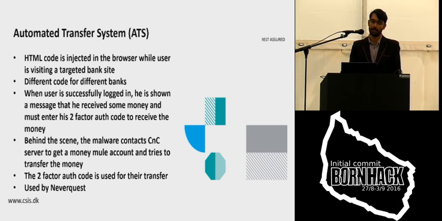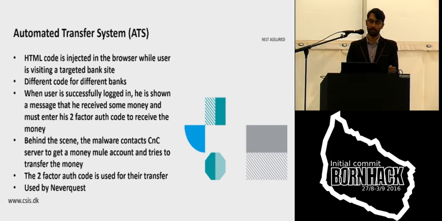So the way it works is that, as we have seen with the injects a while ago, when the user logs into the bank site, there's already code injected into it, and that code knows that the user is actually on, for example, the transfer page, or just past the logged in page. And since it's code running inside the browser, they can do stuff there. For example, they can contact their CNC server from within the browser and say, okay, this guy is already logged in. You should send me an account number to which I can transfer the money from here.